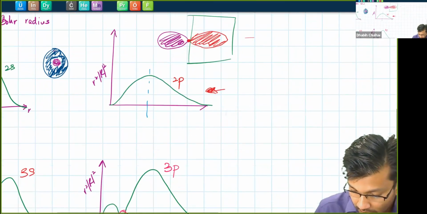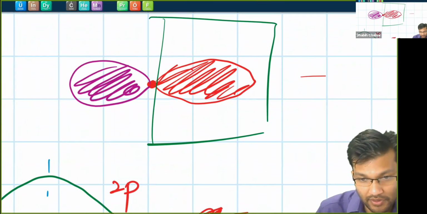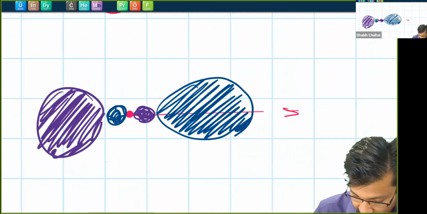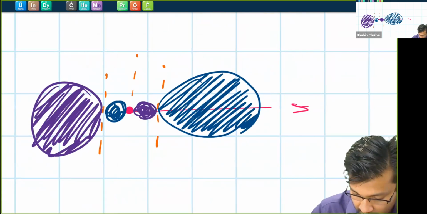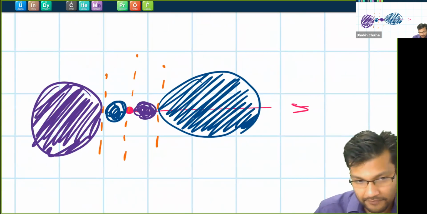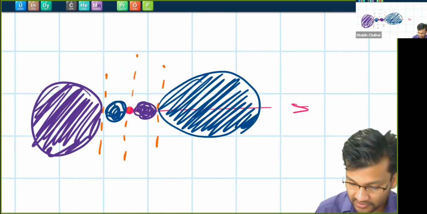So we kind of lied to you when we said that all p orbitals look like this. More or less they do, but the 3p orbital also has a node sort of right there and right there, in addition to the node along the center where the nucleus is. And for 4p, you'll have more nodes, and 5p, you'll have more nodes, and so on.